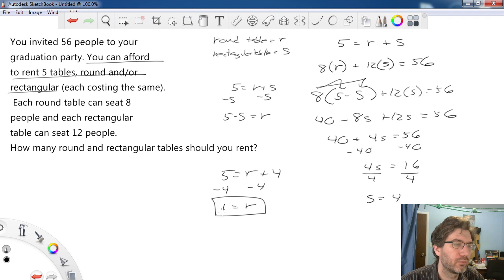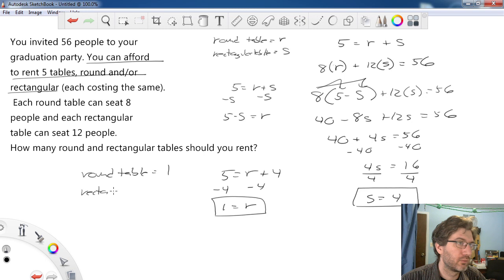So that is one possible combination. That one wasn't too difficult. Round tables would be 1, rectangular would be 4.